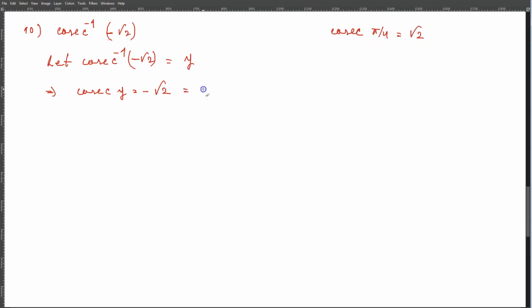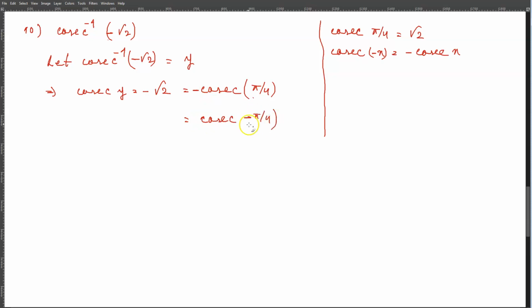So that is the same thing as negative cosecant of pi by 4. We also know that the cosecant of negative x is equal to negative cosecant of x. And so that means that this is equal to the cosecant of negative pi by 4, right?